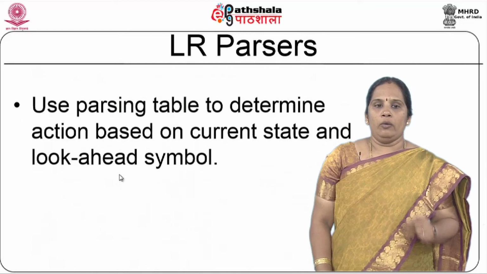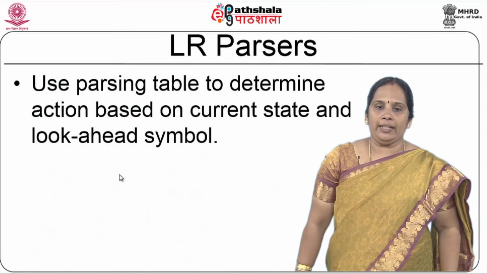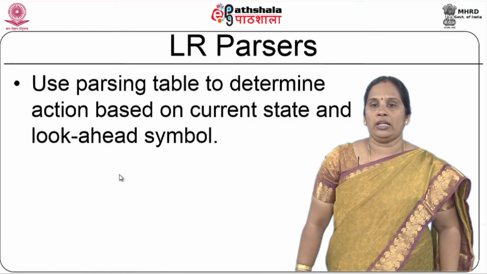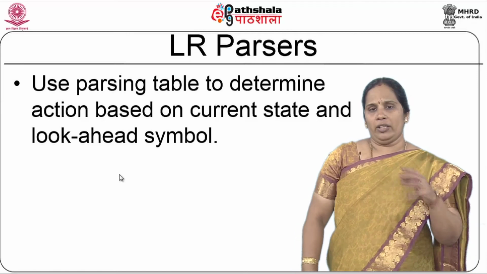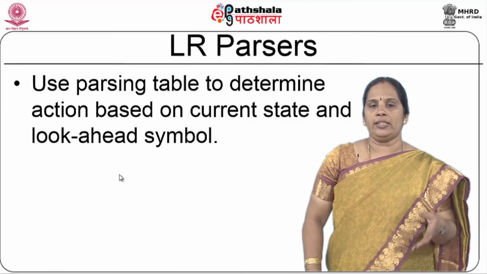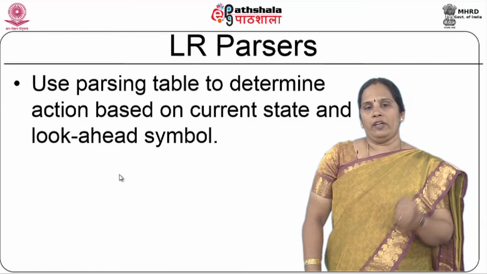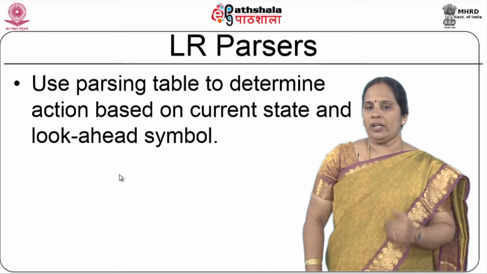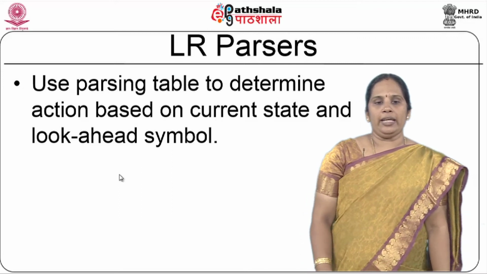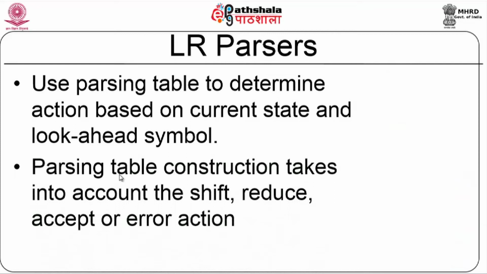Now, it also uses a parsing table to determine the action based on the current state and look ahead symbol, whether to push, whether to pop, everything is done with reference to a parsing table which is being constructed. As in the other cases, the parsing table construction is going to be the primary job. The parsing table will have actions like shift, reduce, accept or error.